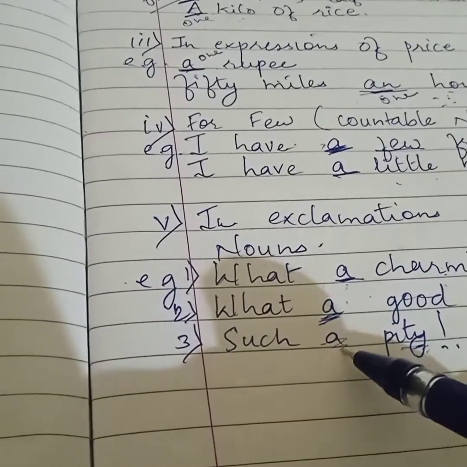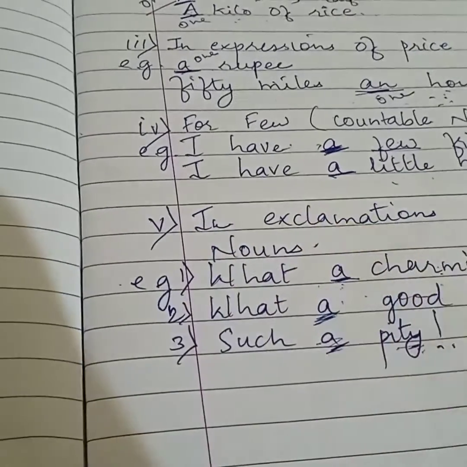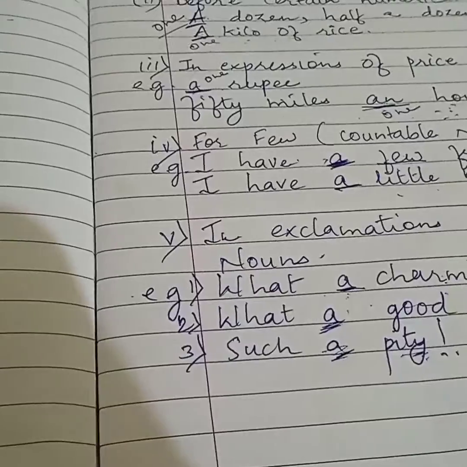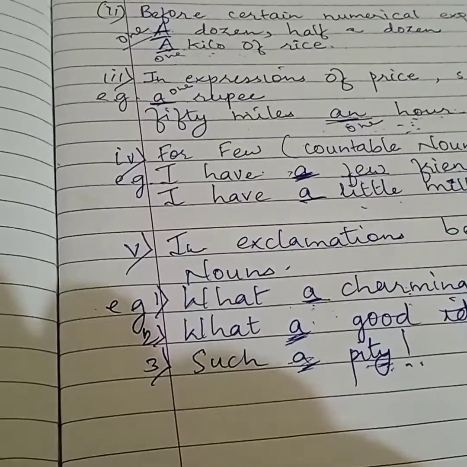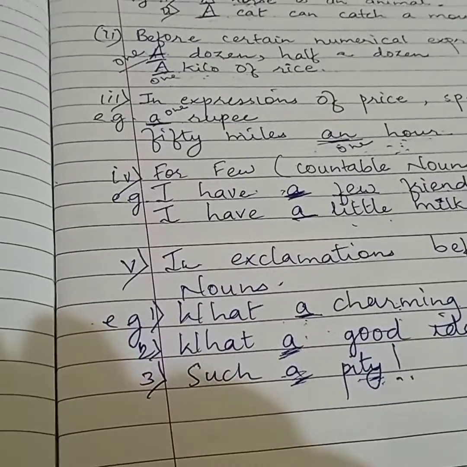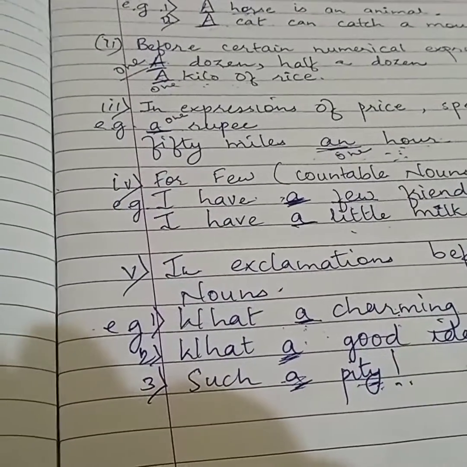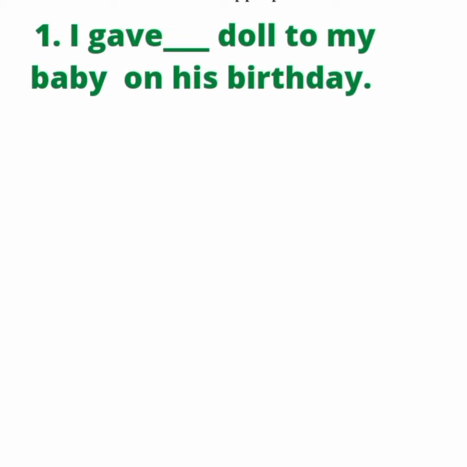A article. Okay, article A is used here. So this is all about the rules which you will have to remember. Now this is an exercise for you all. You will have to fill these sentences with the help of an appropriate article.